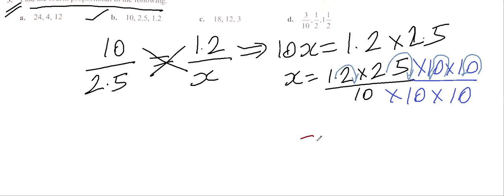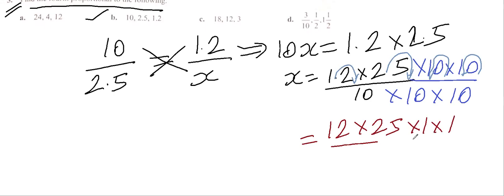And then what answer will I get? I will get 12 into 25 into 1 divided by 1000, or better to write 10 into 10 into 10.